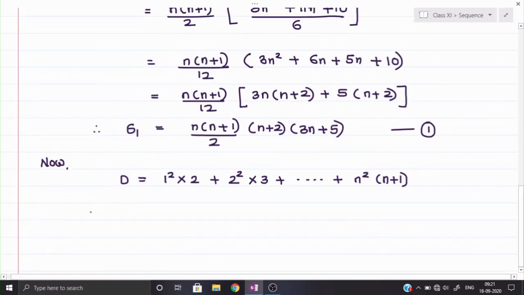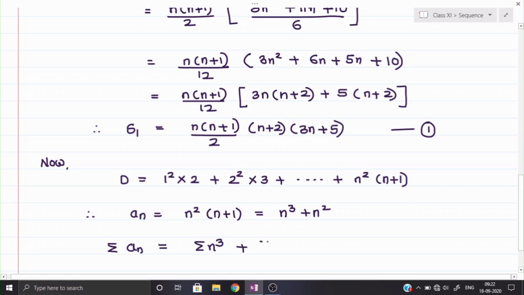We can say that therefore here the nth term will be n square into (n plus 1), and if we multiply inside, this will become n cube plus n square. Now we shall take the summation on both the sides. The summation of an will be equal to summation of n cube plus summation of n square.